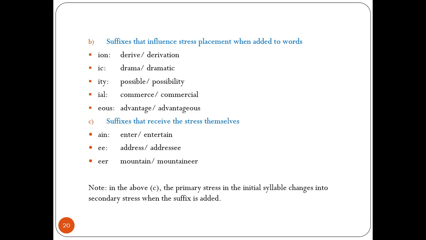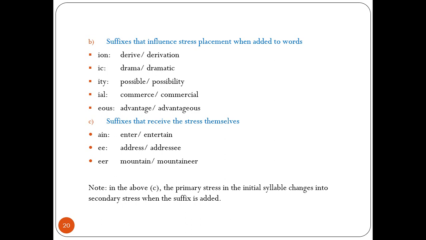It is actually the rive, I, which receives the stress. It means it has two syllables and the second or the final syllable is stressed. But when the suffix was added, it becomes what? Derivation. Now, in this word derivation, this shun is actually what is stressed.